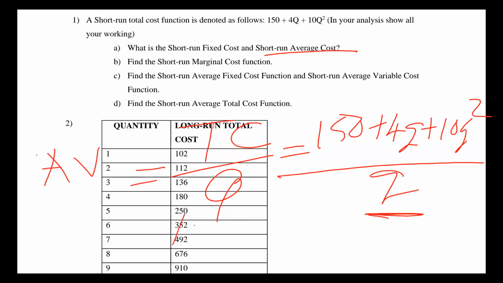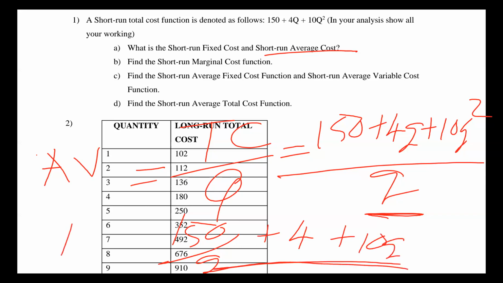So you shall have 150 divided by Q plus 4 plus 10Q. And that is going to be our average cost.